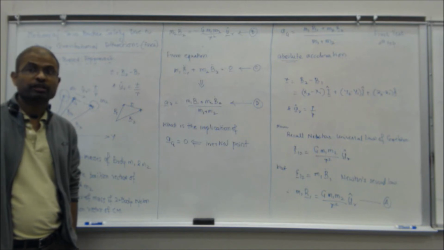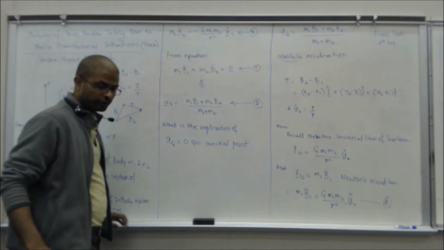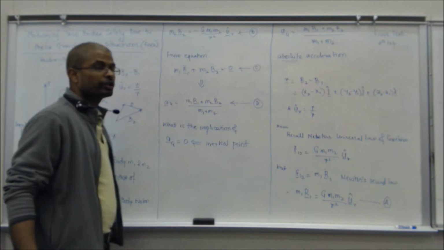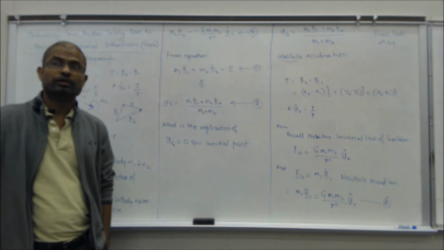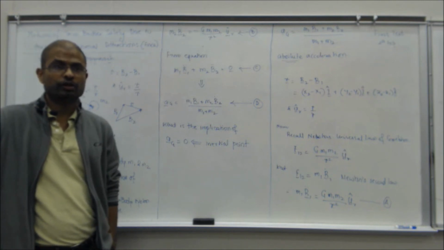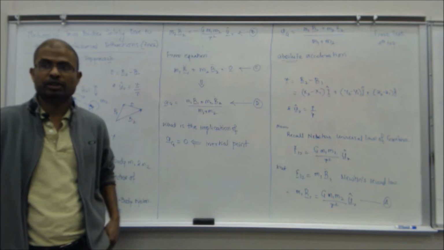Three what points? Three non-collinear points. They cannot be collinear. If you want to define a reference frame, you need three non-collinear points. You don't need a cross product. That is a reference frame. A reference frame is essentially just a plane.